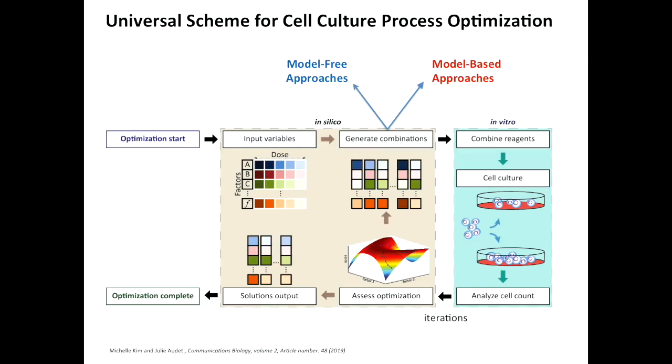And then the next step is what I'm really interested in. How do you decide on which factor combinations you will test? And based on the results that you get experimentally, how do you decide what to test next? So you have an iterative process. At this step, there are several methods.